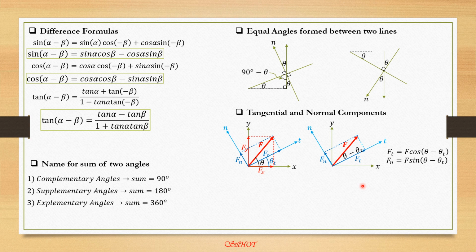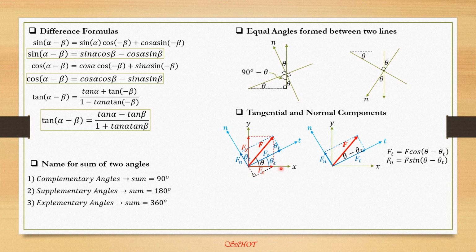So another way is if we express it in terms of Fx and Fy. From this figure here, that's also theta t. Then if we extend from the tip of Fx and the tail of Fx, they meet at 90 degrees here.